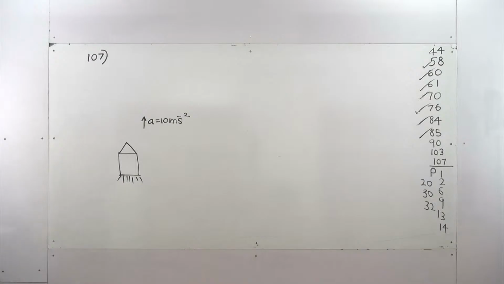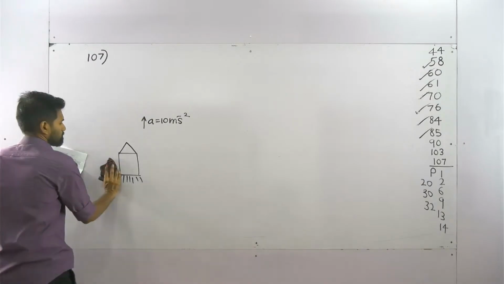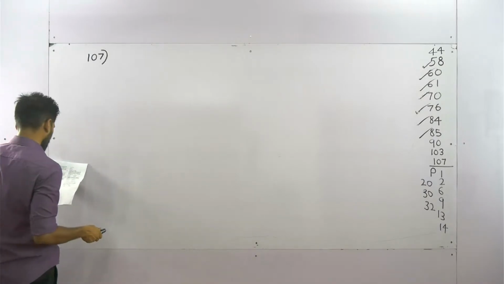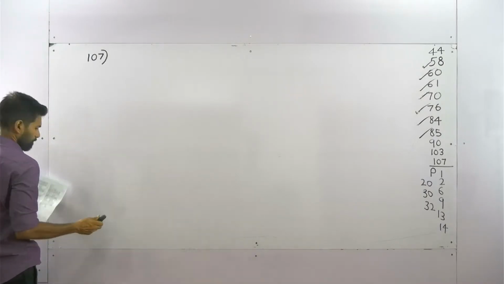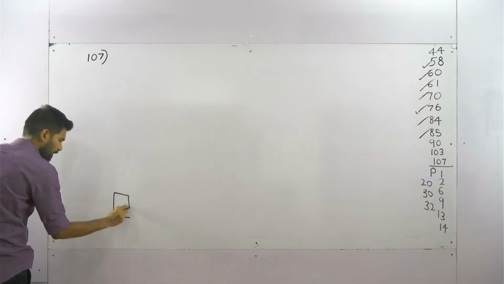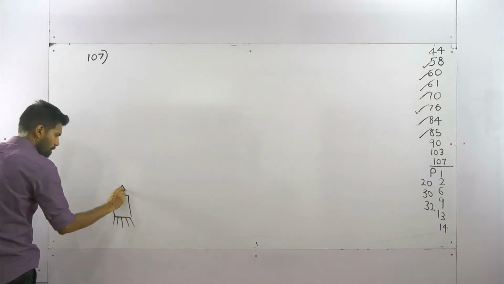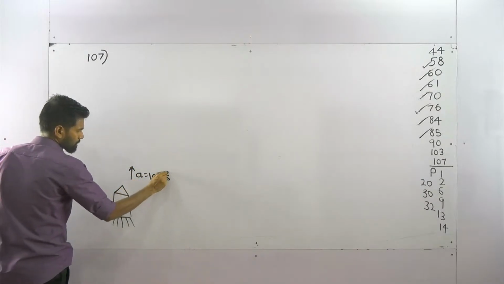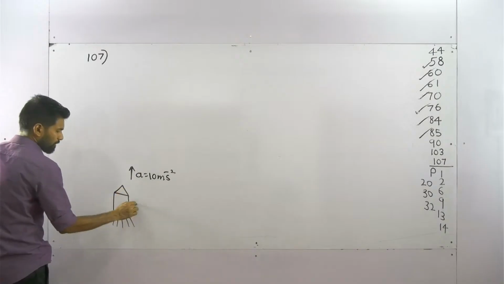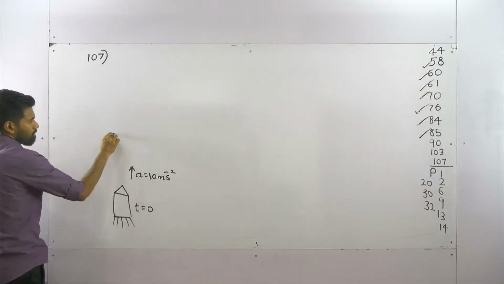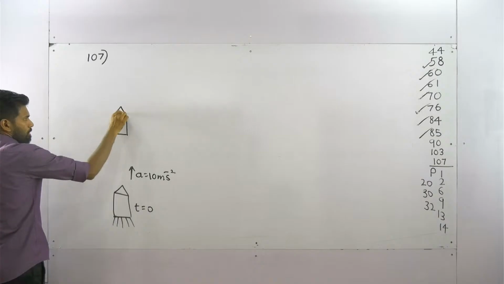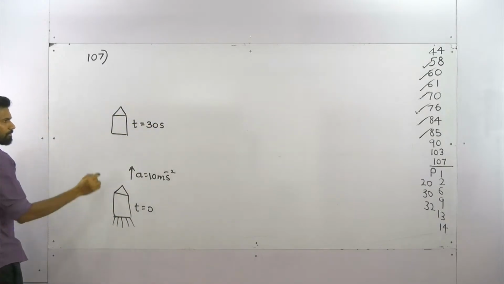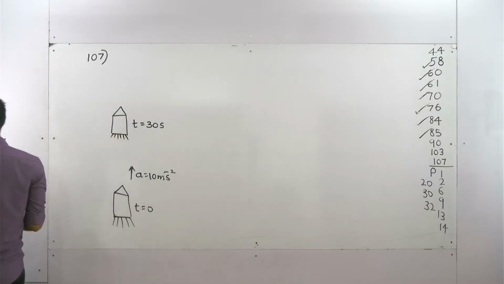Okay. Rocket is fired from the ground and it moves with a constant acceleration of 10 meters per square second from t equals 0 to t equals 30. Then at this moment fuel ends.